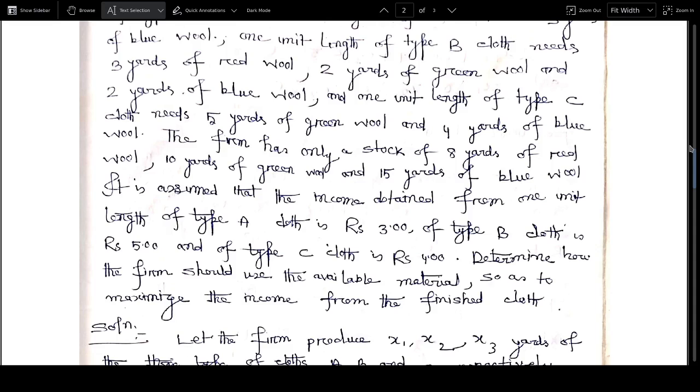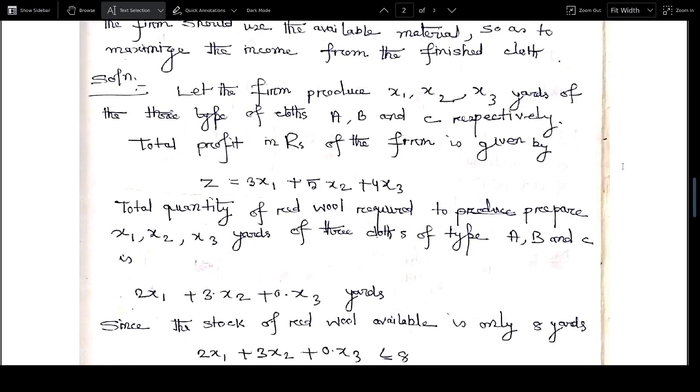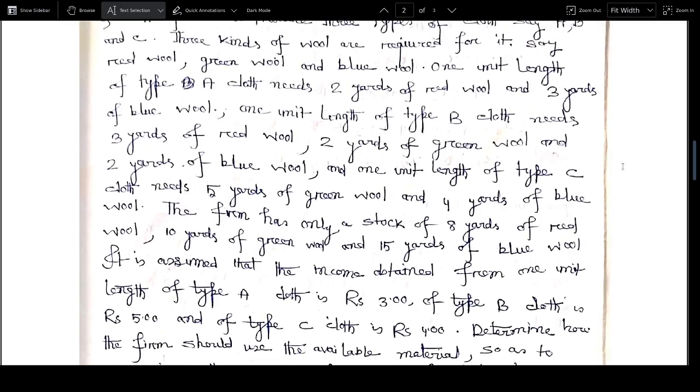Next, you see the total profit. Given for unit length of type A cloth is rupees 3, type B cloth is rupees 5, C cloth is rupees 4. If you consider x1, x2, x3 units of the 3 types of cloth A, B, C, then for cloth A the profit per unit is 3, so x1 cloth gives 3x1.